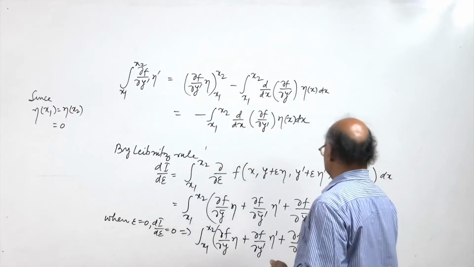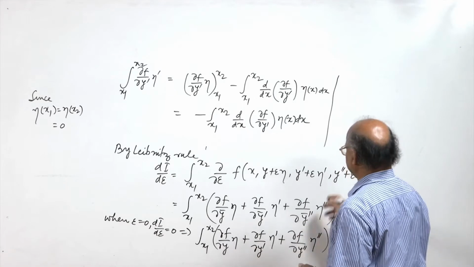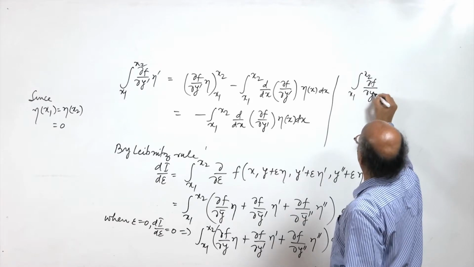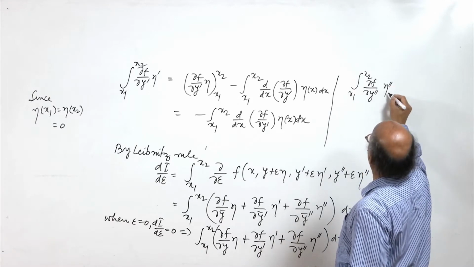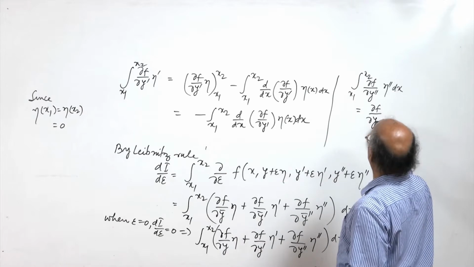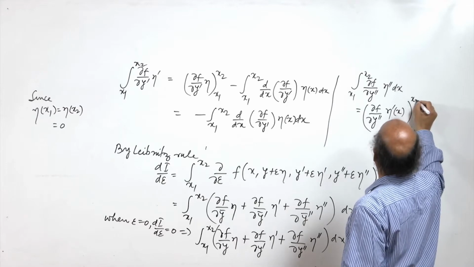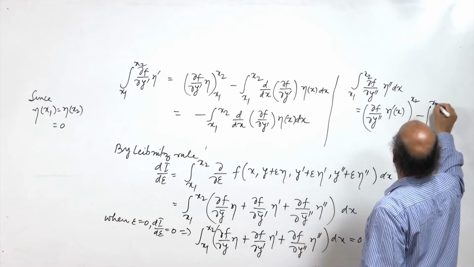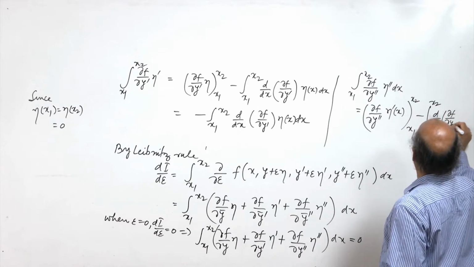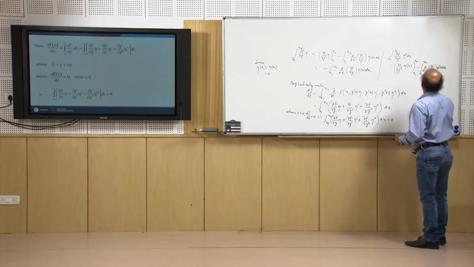Now let us integrate the third term twice by integration by parts. So the integral x1 to x2, let us integrate it by parts. We get delta f over delta y double dash eta dash evaluated between x1 and x2, minus the integral.